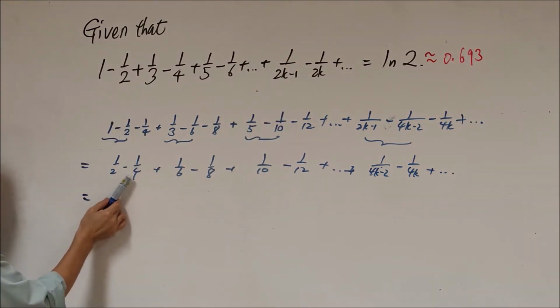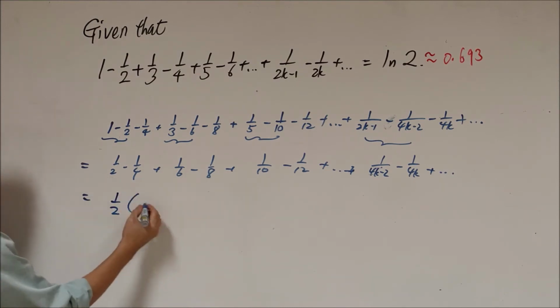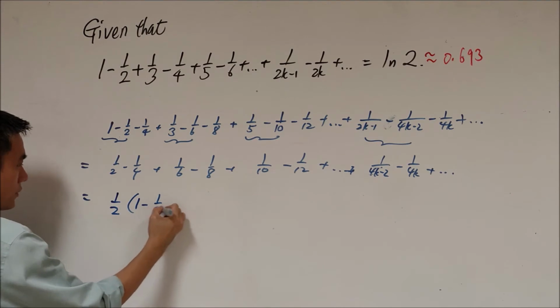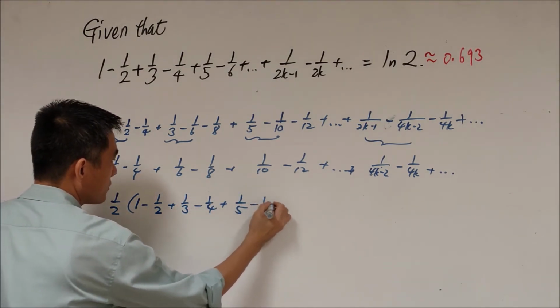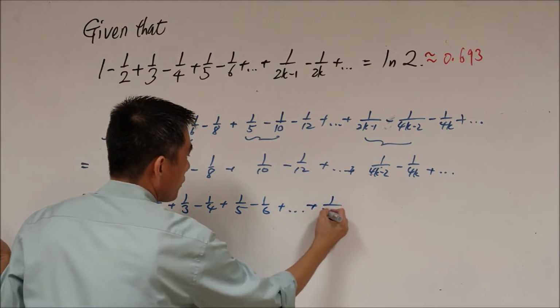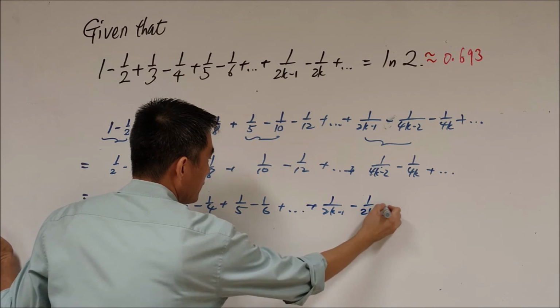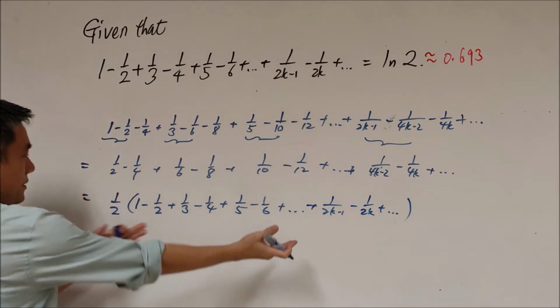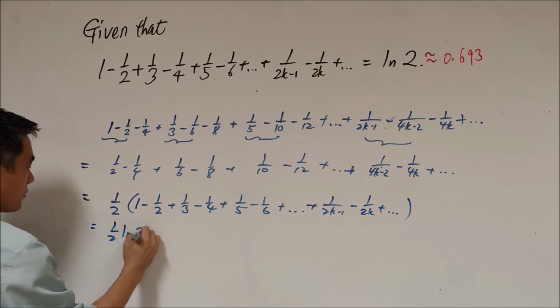The denominator for each of the terms is an even number, so we can take out the half, and this is equal to 1 minus 1 over 2 plus 1 over 3 minus 1 over 4 plus 1 over 5 minus 1 over 6, and plus 1 over 2k minus 1 minus 1 over 2k, and so on and so forth. And this is exactly what you have just now, and therefore this is half of log 2.